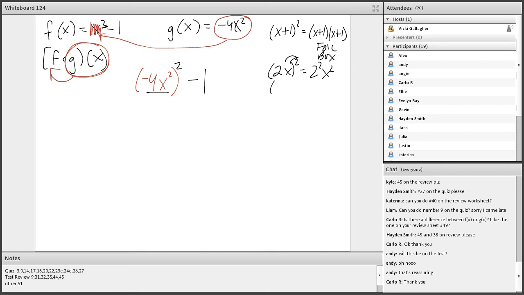You could write it twice and multiply those together, that's 2 times 2, or 2 squared, and x times x, or x squared, but you are allowed to just distribute the square. So negative 4 squared is 16. And if something already has an exponent, you multiply those together, so that's x to the 4th. And that's it. We don't want you to factor these. We want you to combine like terms and then leave it. That would be the final answer for that first version.